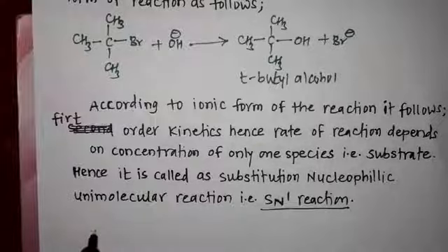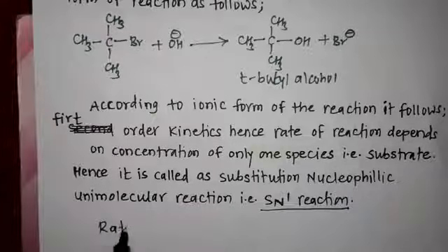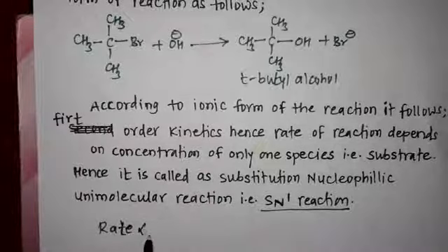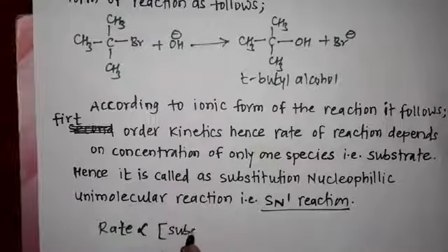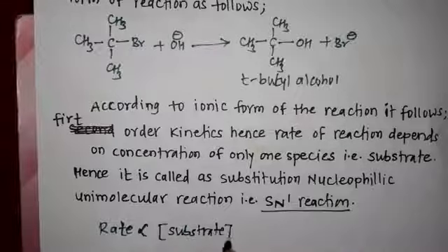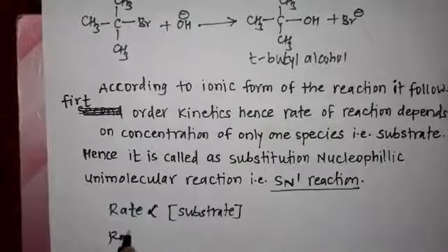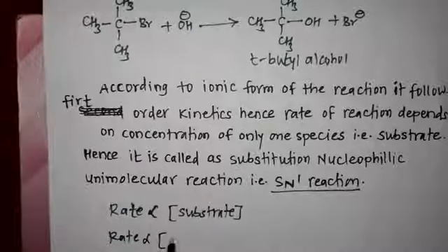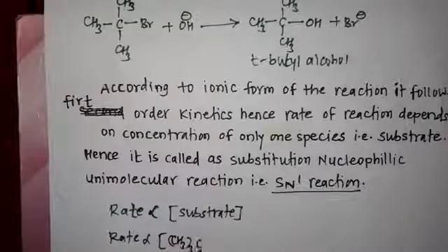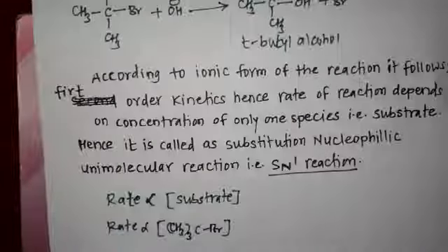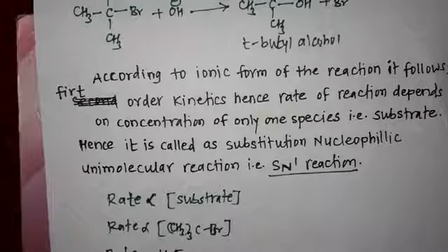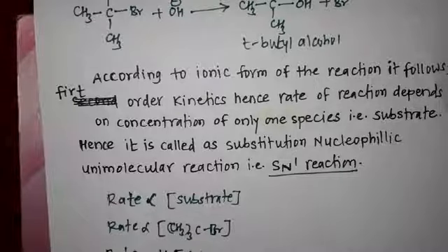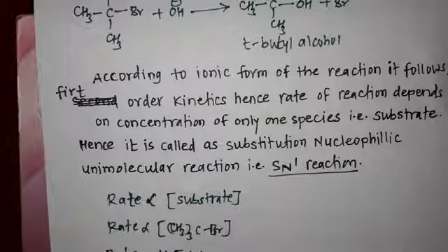We should write the rate equation of this reaction as: rate is directly proportional to the substrate, and here the substrate is tertiary butyl bromide. Hence rate is equal to K into the concentration of tertiary butyl bromide.